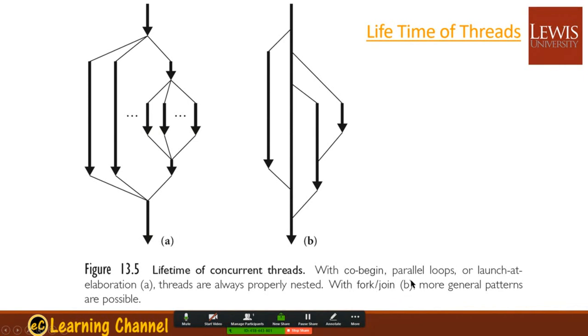But fork and join will depend on when you start the fork and when you decide to join. So the lifetime of the thread is different, and fork and join are more flexible. As you can see, you can mimic all the functions by cobegin or parallel loop.